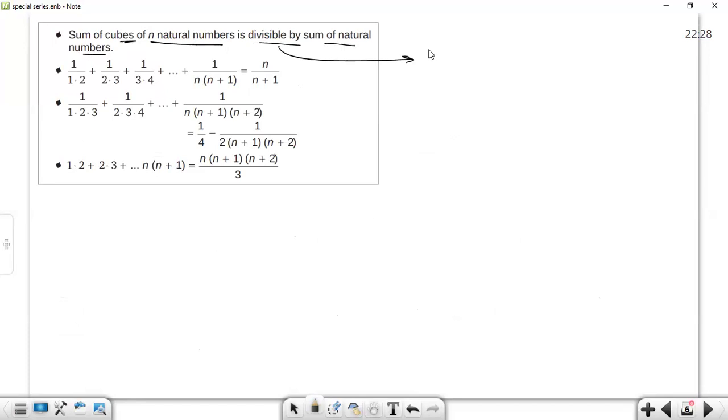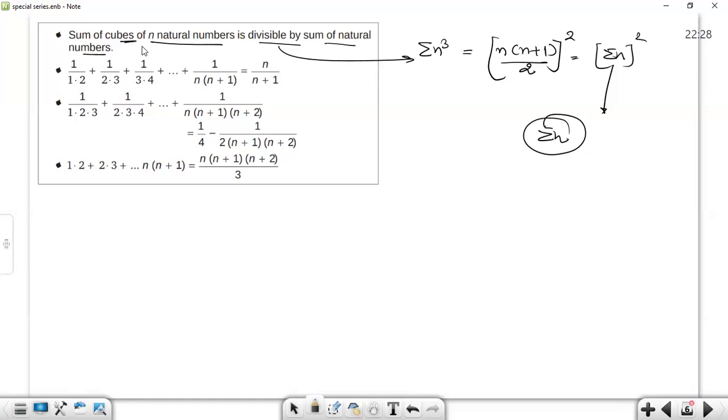Because the sum of first n natural numbers is given by n into n plus 1 divided by 2, and the whole square is the sum of cubes. So definitely one factor will be the sum of natural numbers, right? So the sum of cubes of n natural numbers is divisible by the sum of natural numbers. I hope that's clear.